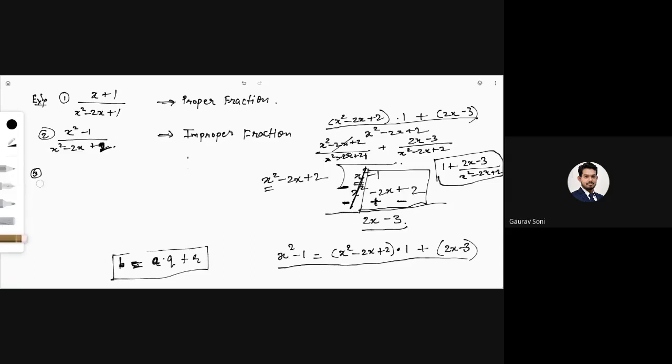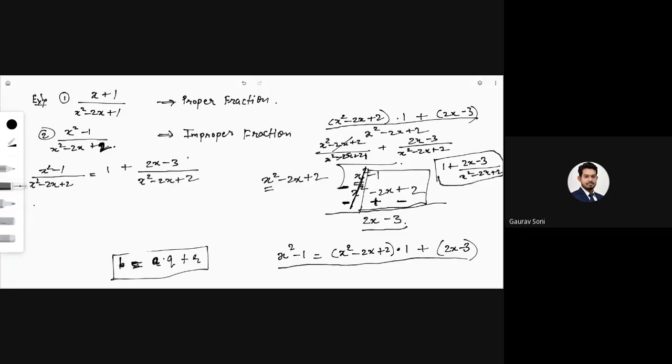Let me just write down the proper form of this: x square minus 1 upon x square minus 2x plus 2 can be written as 1 plus 2x minus 3 upon x square minus 2x plus 2.